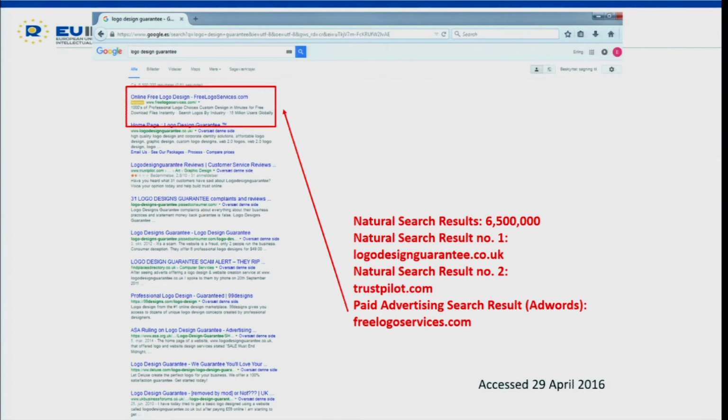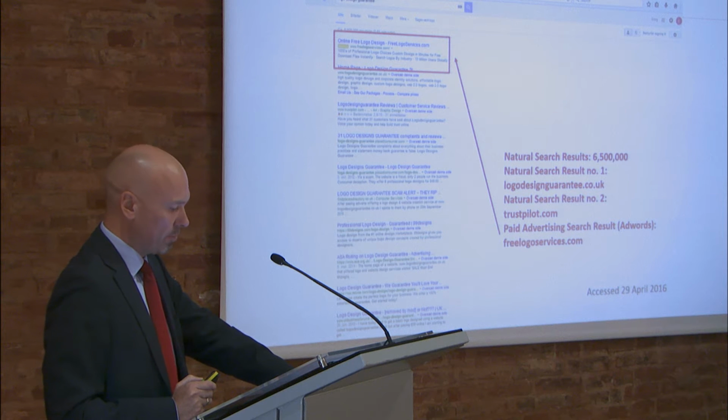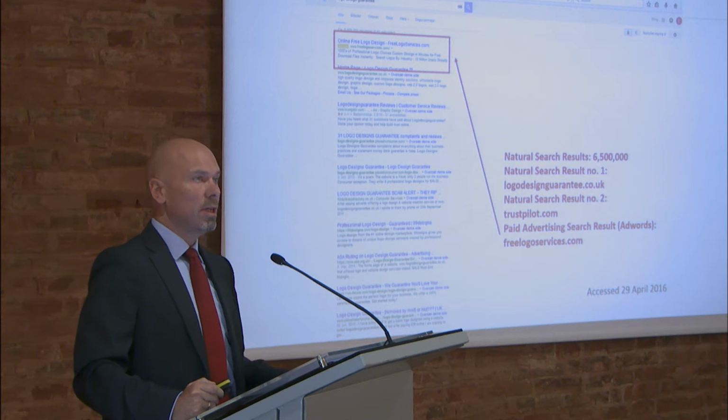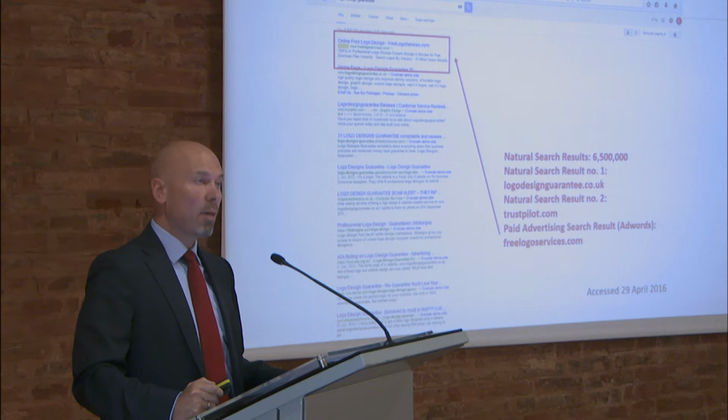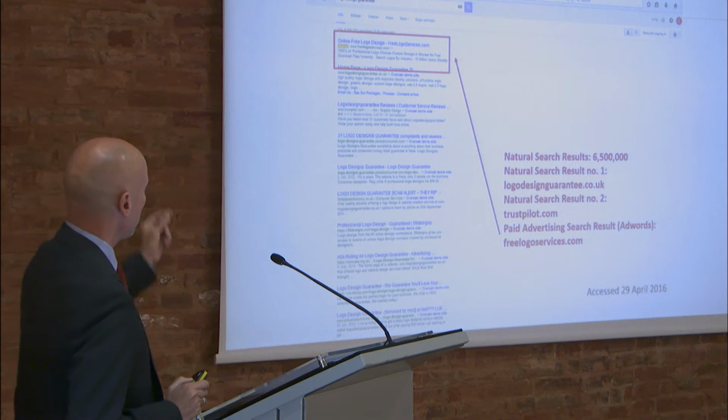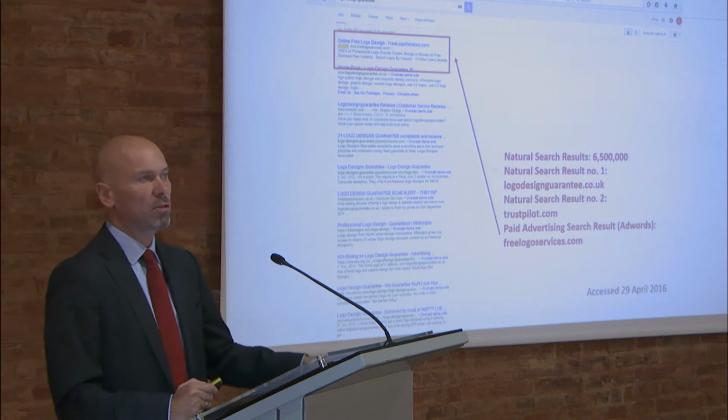Now, up in the top, there is an advertisement. And that is a paid advertising search result using the AdWords service. And that is for a competing company, freelogoservices.com. This company has bought the advertising for the trademark of another company, and it is creating this paid search result at the top.